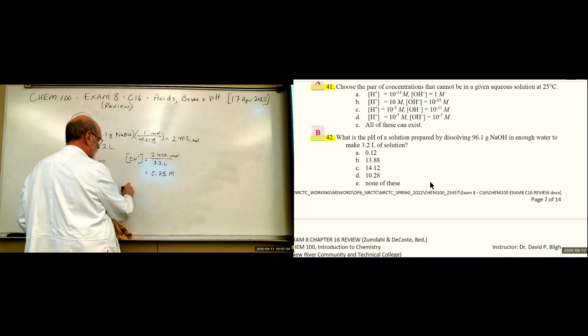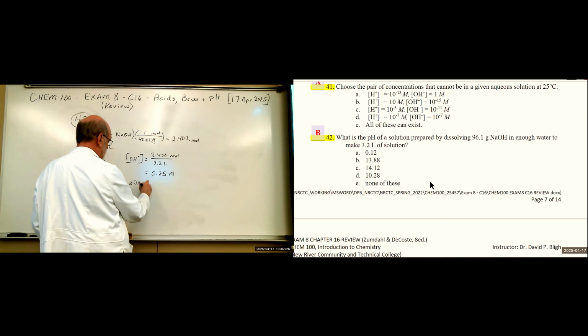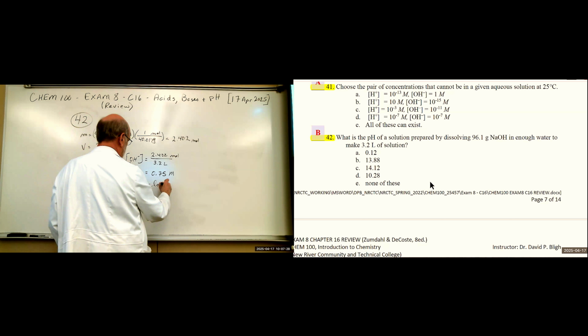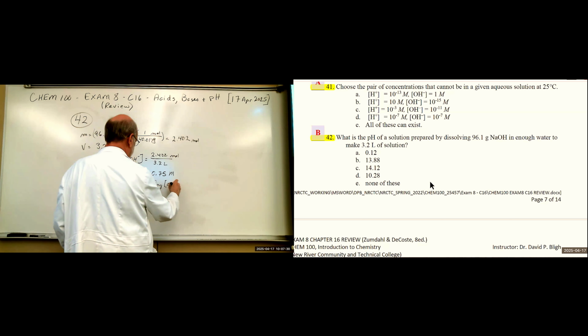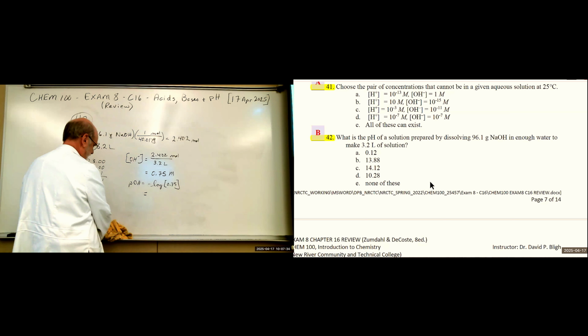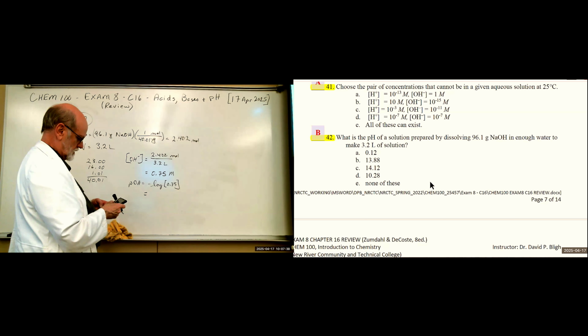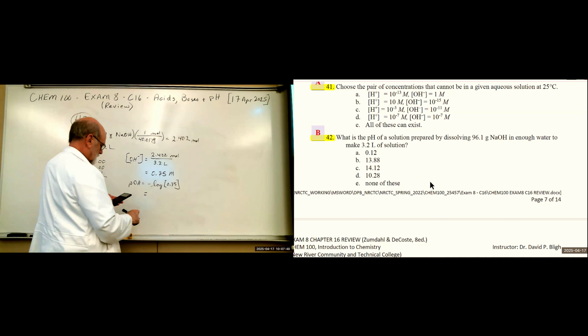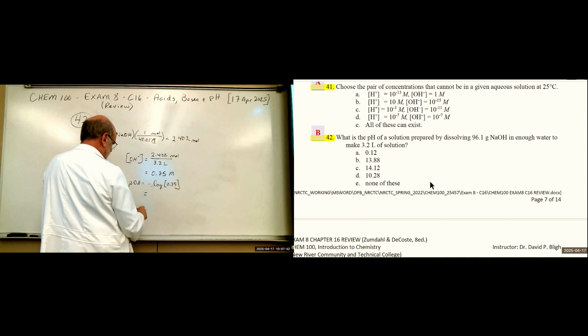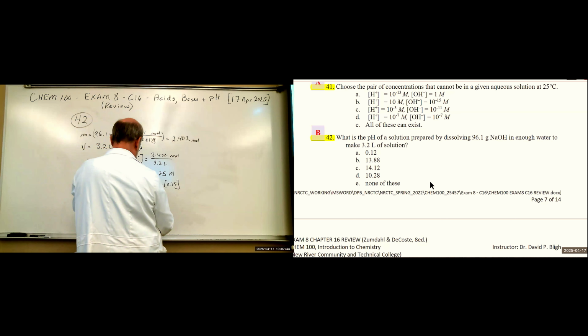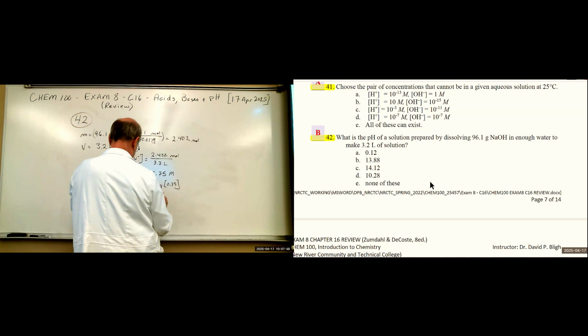Okay. Now we want to calculate pOH, which is the negative log of 0.75. Okay, 0.75 and do the log, change the sign. So that's 2 significant figures, I get 2 decimal places, and that's 0.12.